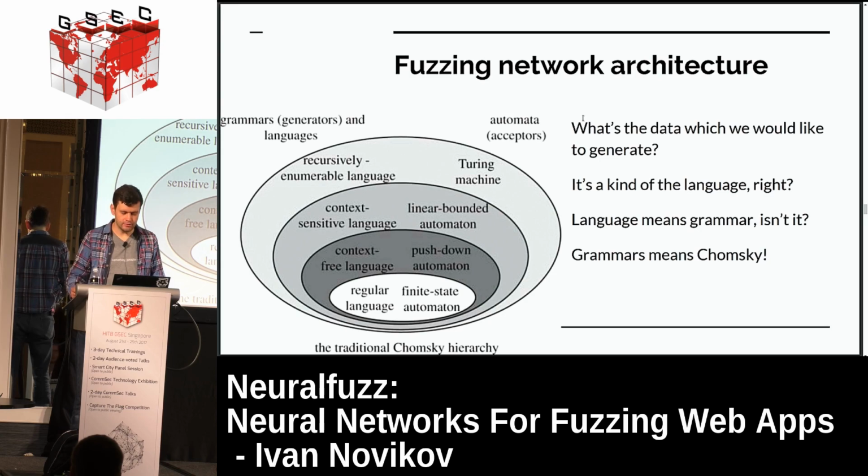And language obviously means grammar, and grammar obviously means the Chomsky hierarchy. To be able to work with neural networks and cover some grammars, we should create this model. We should think about how our network could look at the data.